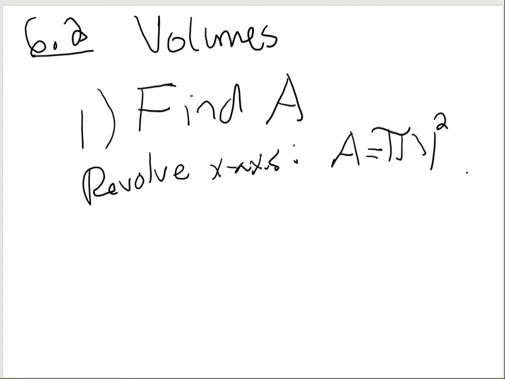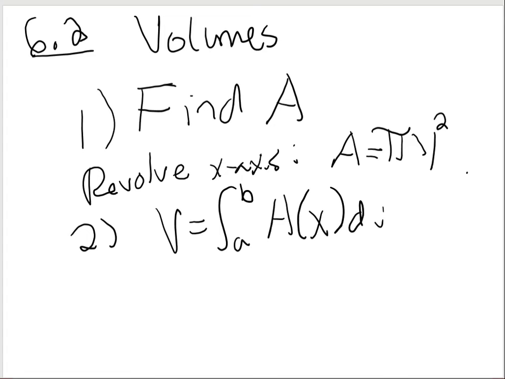If we're revolving around the x-axis, it's going to look similar to that, or even revolving around any line will look similar to that. Then what? We compute this integral. And then we're done. There's a lot in those two steps, but those are the two steps for finding volume. We'll often call this volumes of revolution.